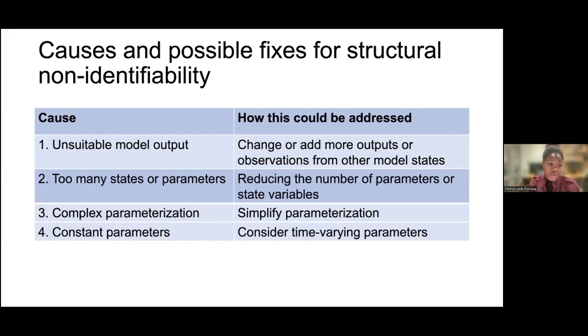Like with that many parameters, one cannot be sure that the incidence output contains much information to estimate all those 16 rate parameters. And she has also talked about simplifying the parameterization.